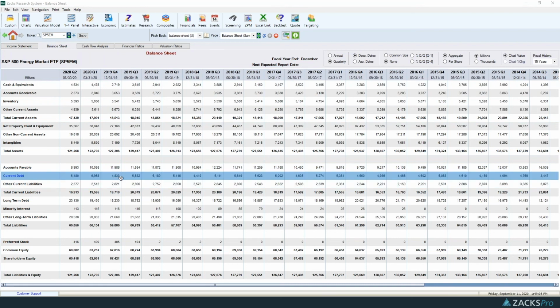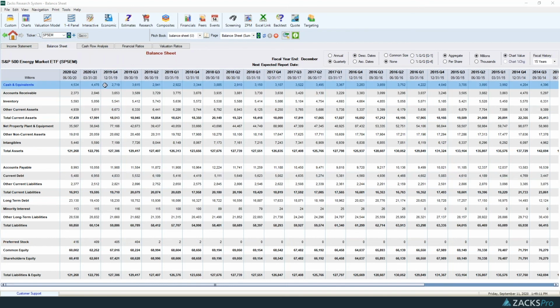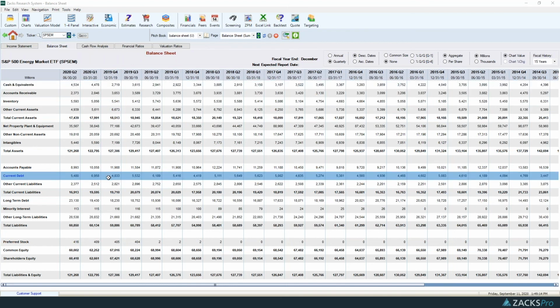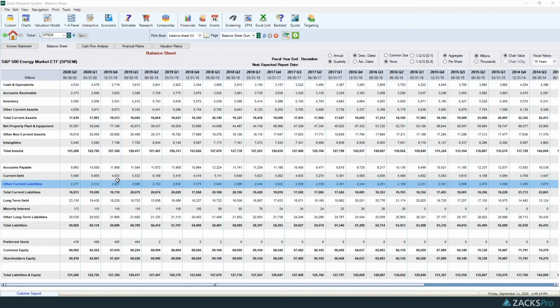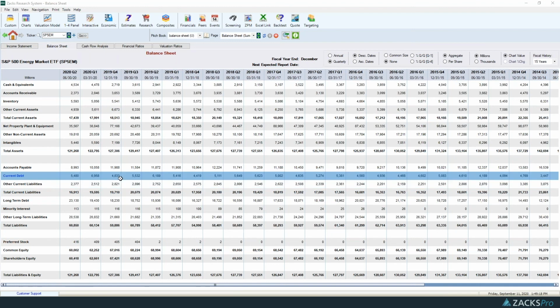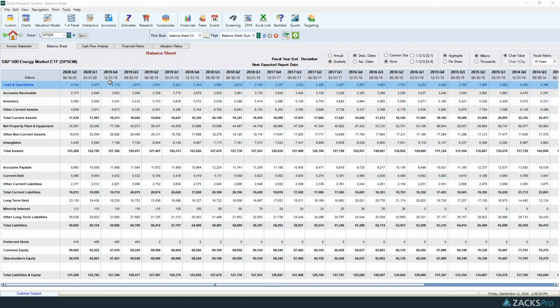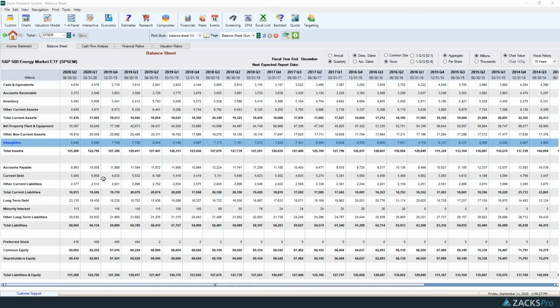So energy overall was in trouble to begin with, because cash was less than short-term debt coming due by almost a 50% margin. So again, energy overall not very well positioned to be able to weather an economic crisis.